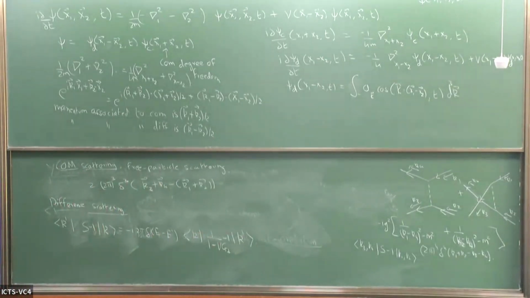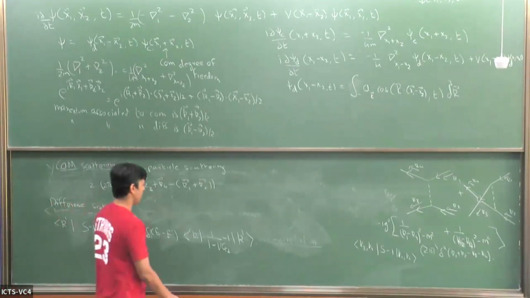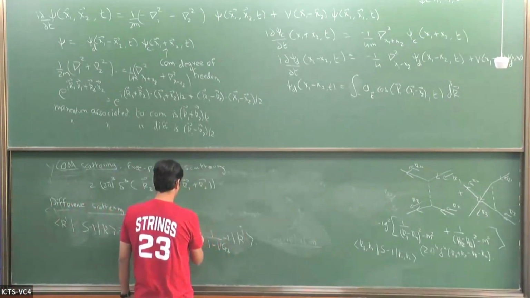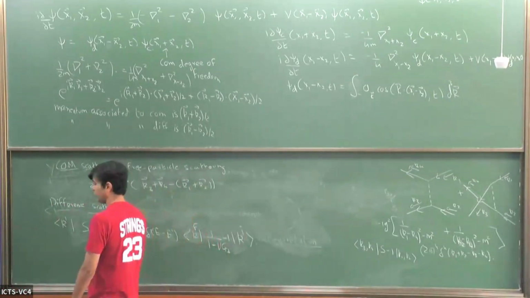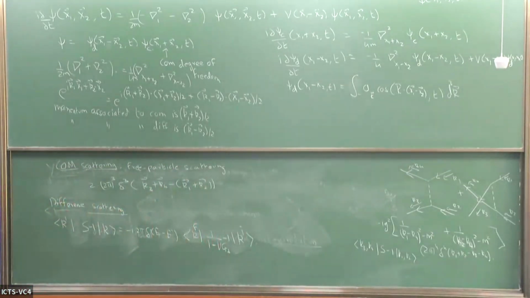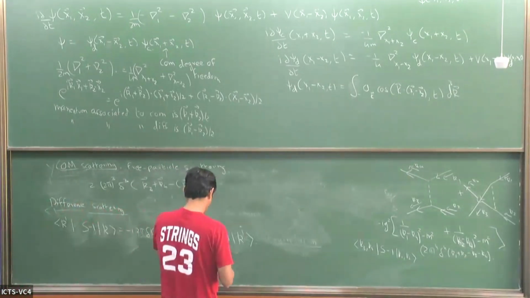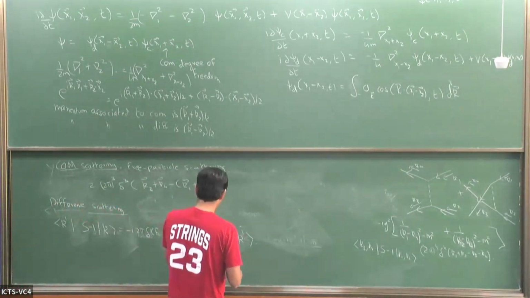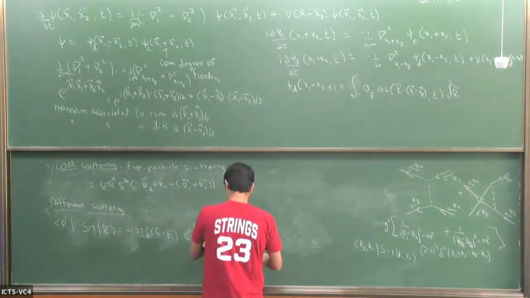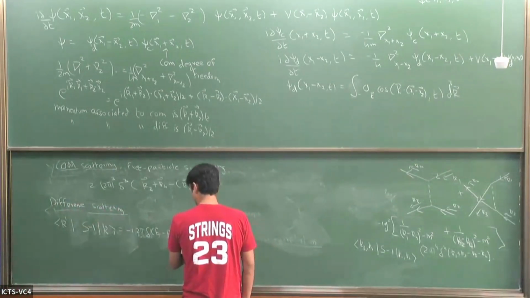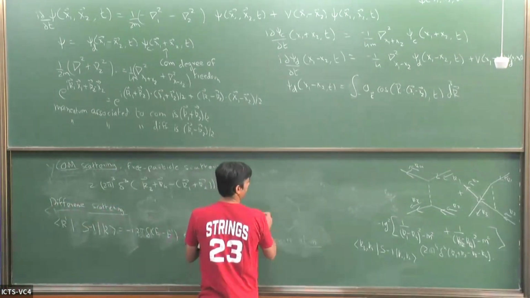Now the leading term that we have is actually pretty simple. Let's call this k initial and k final. Let me see if I get my factors. I don't think I'm going to get my factors.